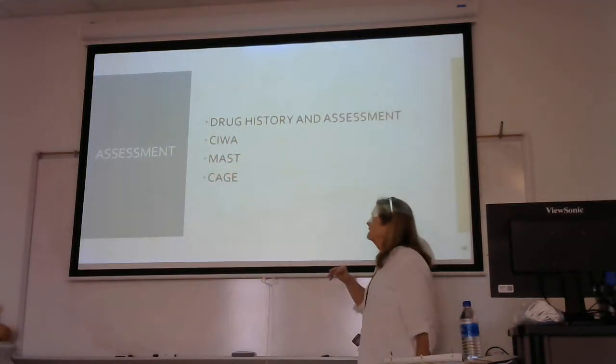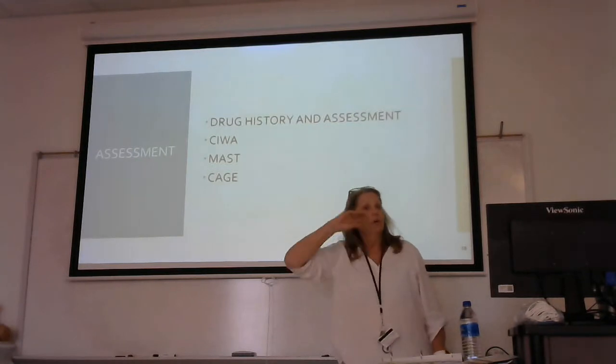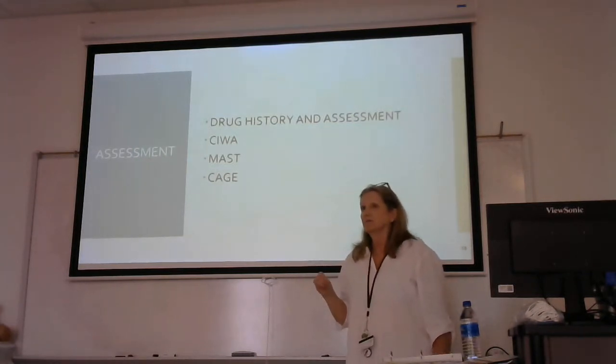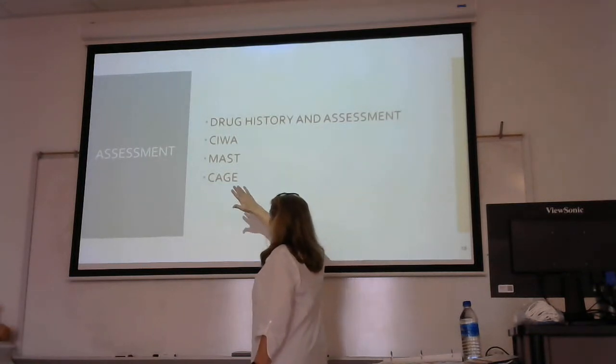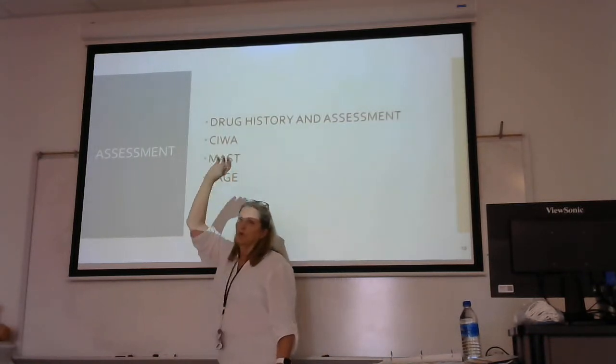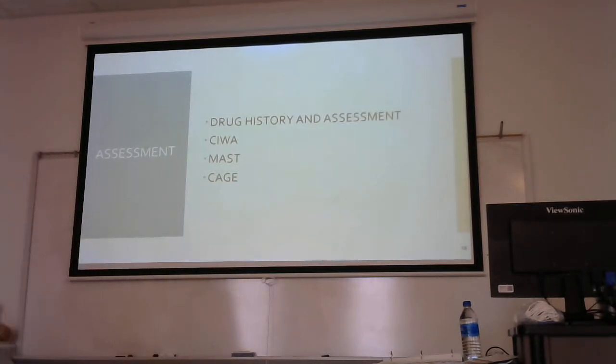Now, I don't know where else to put this slide, but getting a good drug history and assessment on your patient, if you suspect some type of substance use, is important. This CIWA is actually used when we are detoxing. We'll talk a little bit more about it, but it's not used until you have a patient coming in alcoholic and we're detoxing them and supporting them, and I'll talk more about that in a minute.